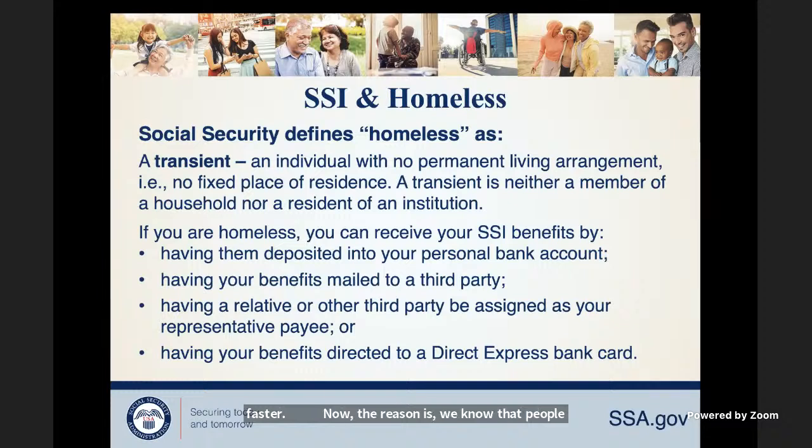And so we try to get, because it's state DDS that does that decision, we try to make sure that they get it done as quickly as possible. So the individual, if they get scheduled for a consultative exam by us, they're going to still be in that state so they can attend it. Because if somebody misses their exam, they could be denied if we request an exam.